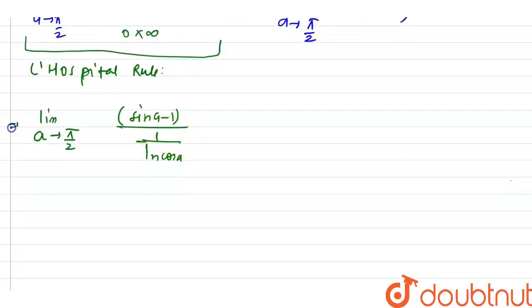Okay, so it will be this, and now I'm going to differentiate the numerator and denominator separately. It will be limit A tending to pi by 2.